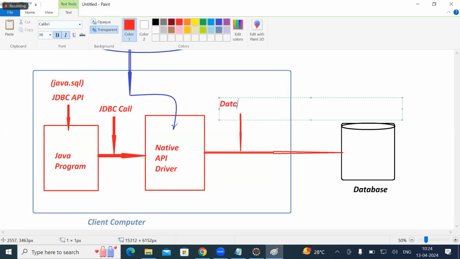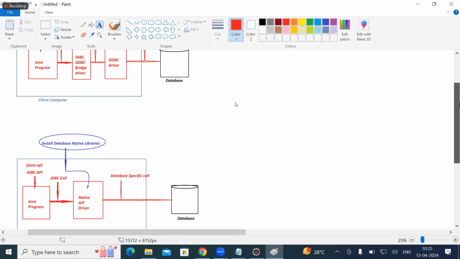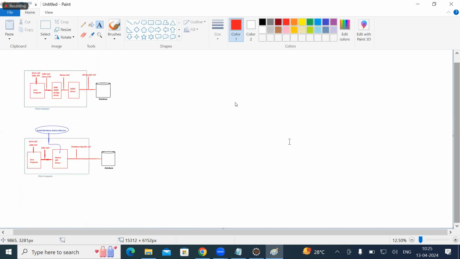Here, a database specific call. So if we look at these two diagrams together, roughly you cannot see that. Sir, the ODBC driver is not available, but how did the connection come now? The connection came because we installed the database related native libraries into the client computer.